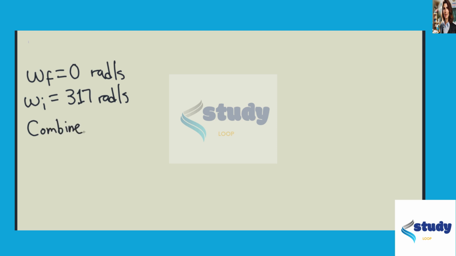So here the final angular velocity would be 0 radians per second, and the initial angular velocity would be 317 radians per second. We can then say that here we're going to combine equation 10.12 and equation 10.45.